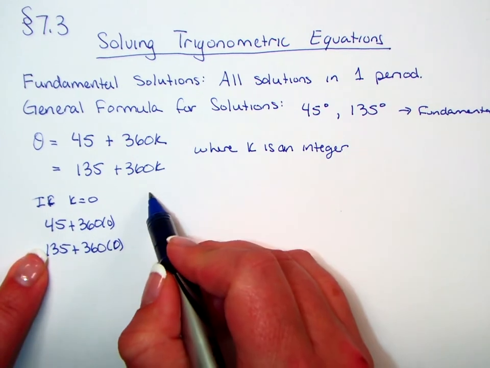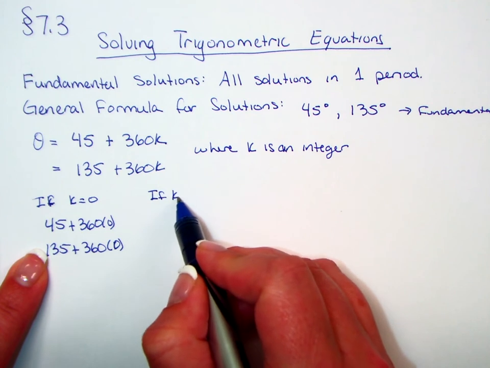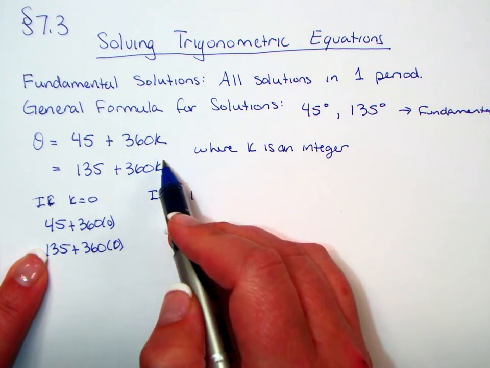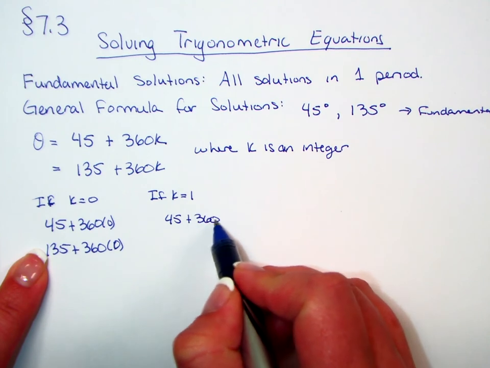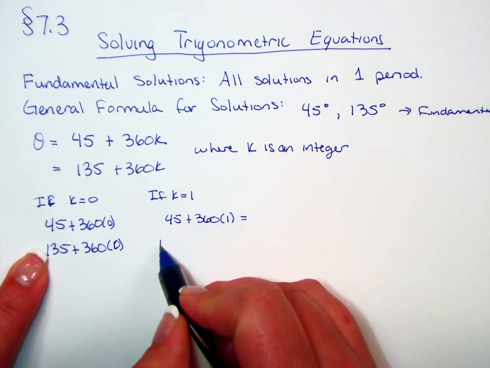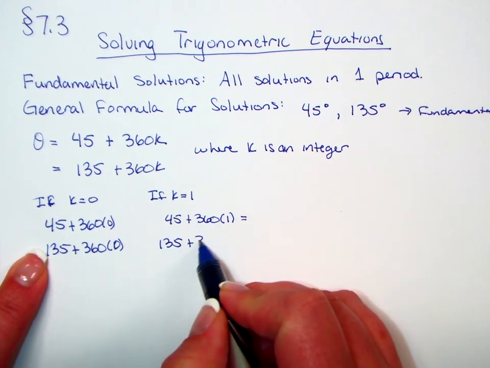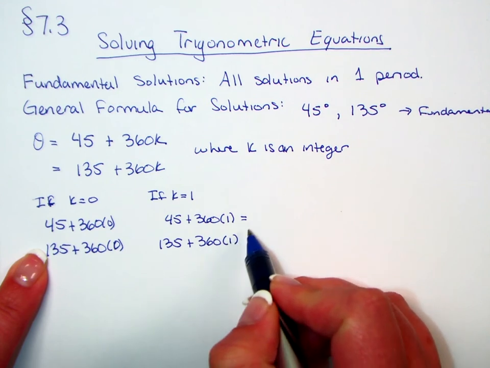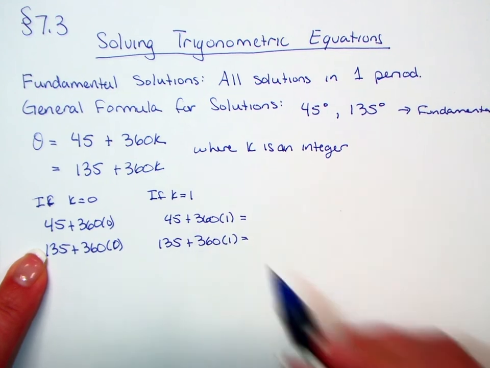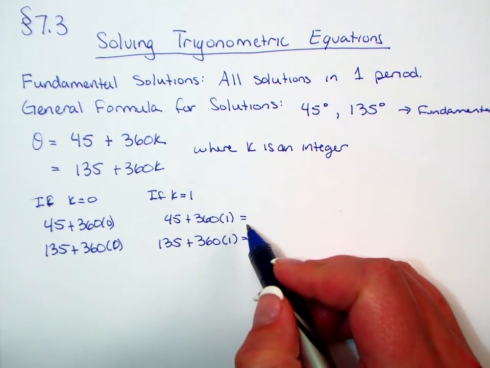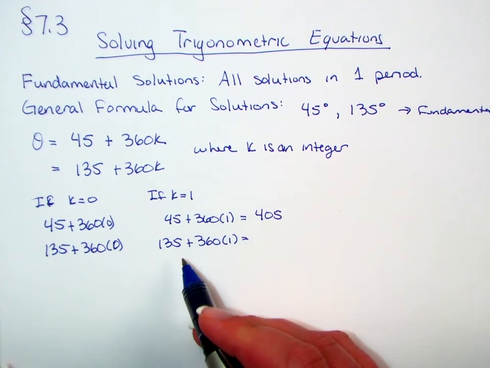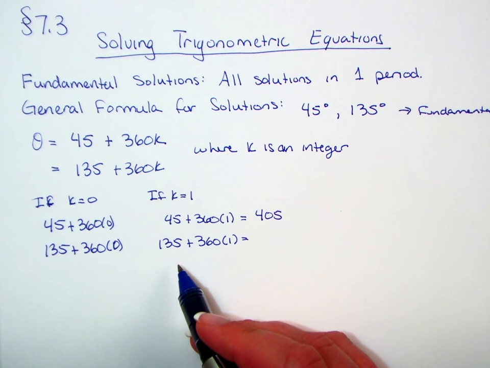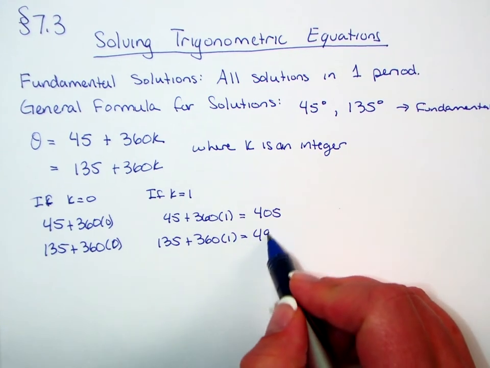Now, if we let k equal 1, then we get 45 plus 360 times 1, and 135 plus 360 times 1. And so 45 plus 360 is 405 degrees, and 135 plus 360 is 495 degrees.